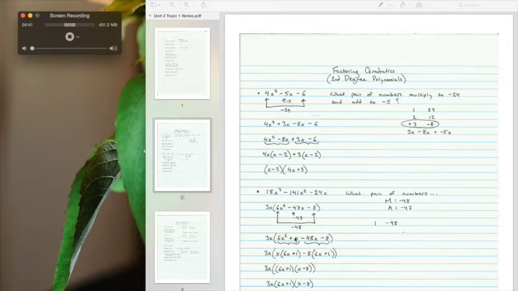Here's my 1, and here's my negative 48. Again, it doesn't matter what order you put these in, as long as your negative is attached to your 48 and you have your positive 1. So I've replaced negative 47x with positive 1x minus 48x.